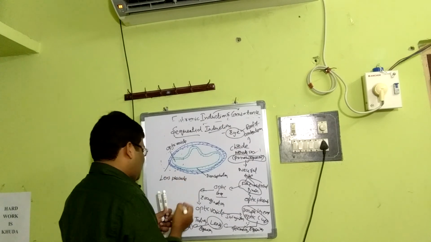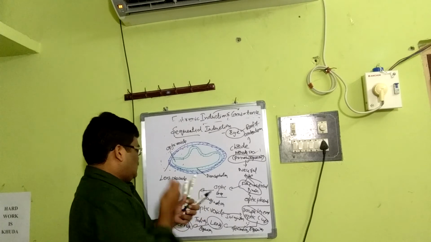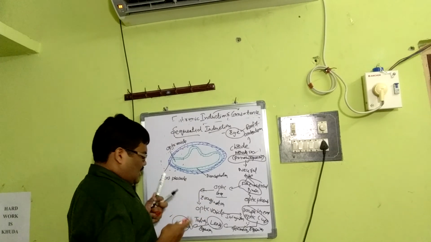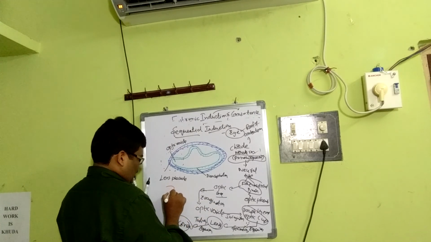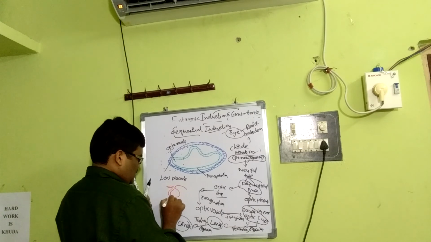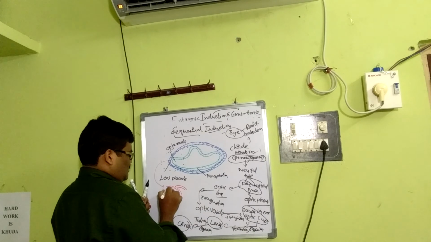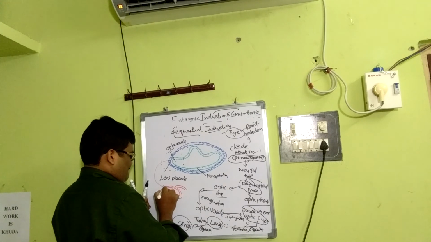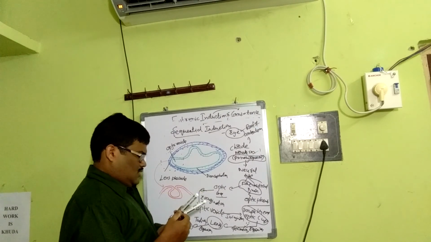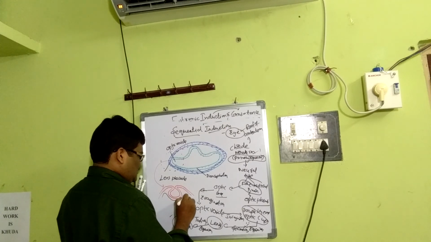Say for instance how it appears. We discussed the optic cup. This is the optic cup. This part I am magnifying. Later, how it forms. Optic cup, then optic lens.